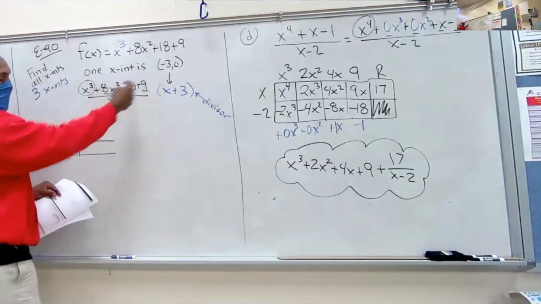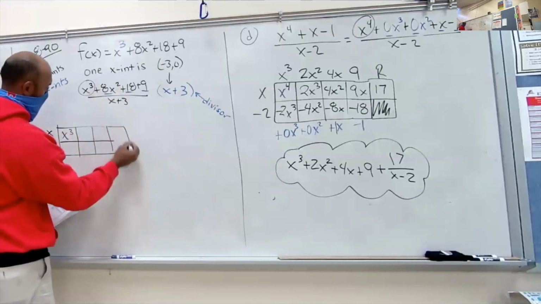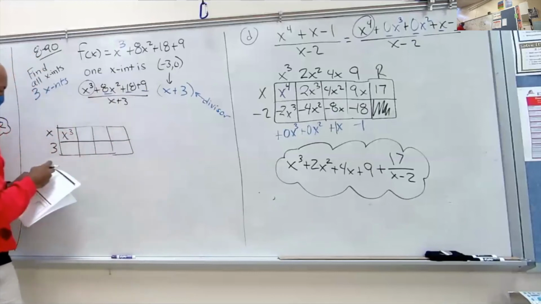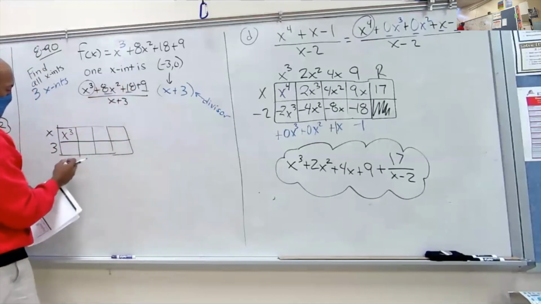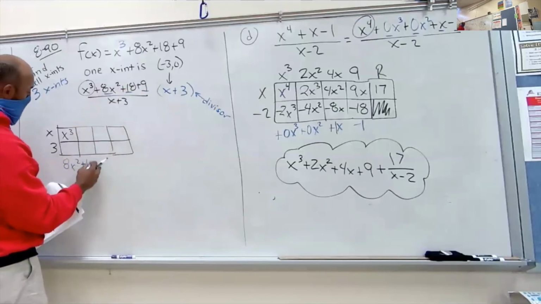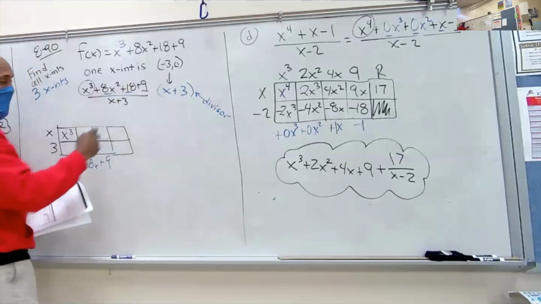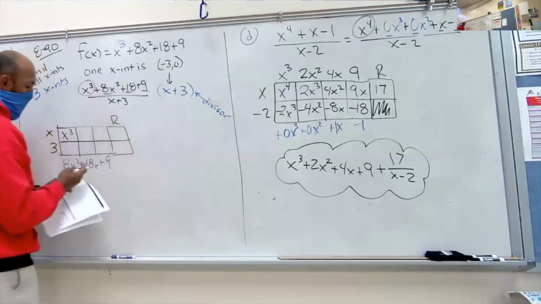So remember, I got 4 terms, so 4 boxes. So let's just go ahead and complete our box there. So I'm going to write the last terms here. So 8x squared, then plus 18x, and then plus 9. And as you know, the last one would be your remainder.